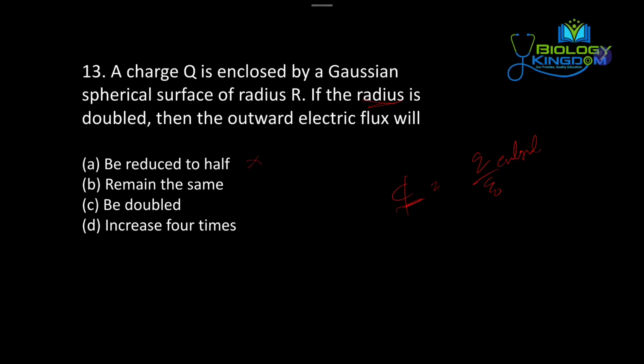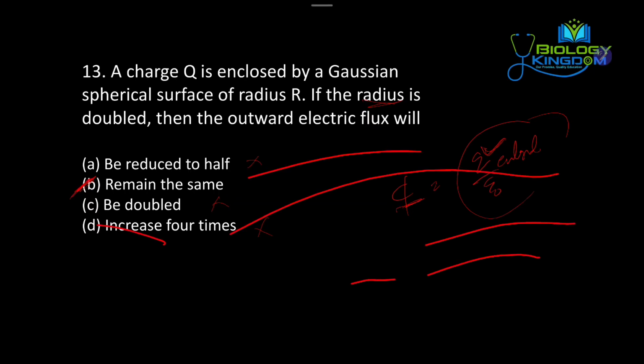It will not reduce to half, it will not be doubled, it will not increase 4 times, because flux does not depend upon the radius. It only depends upon the enclosed charge, so it will remain the same. So option B is the right answer. Now we'll move further.